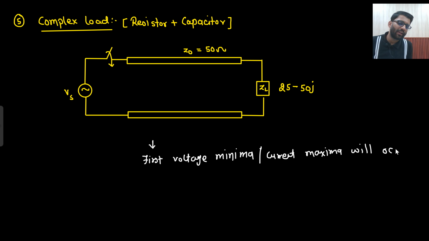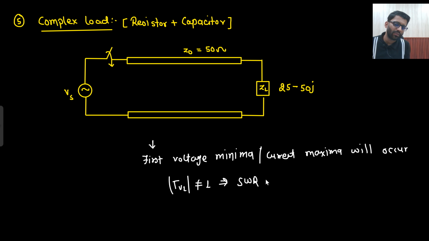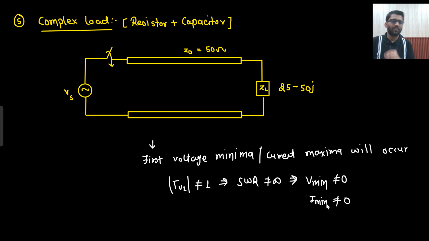And looking at the load, I can tell that the mode of gamma L is not equal to 1. And if it is not equal to 1, that means my standing wave ratio is not equal to infinity. And if it is not equal to infinity, what does that mean? That my V minimum is not equal to 0 and I minimum is not equal to 0.